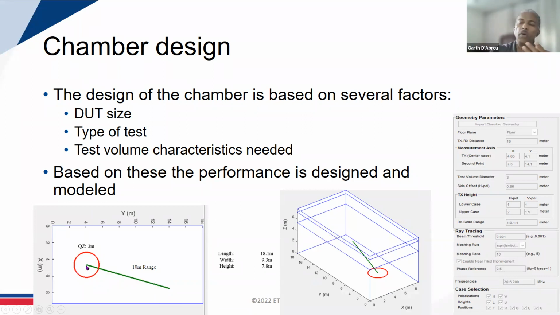This is basically one of the techniques we use in a number of different chamber designs to predict what the NSA performance or VSWR performance is going to be for a particular chamber treatment. And what this allows you to do is optimize the layout of absorbers that you have on the surface.